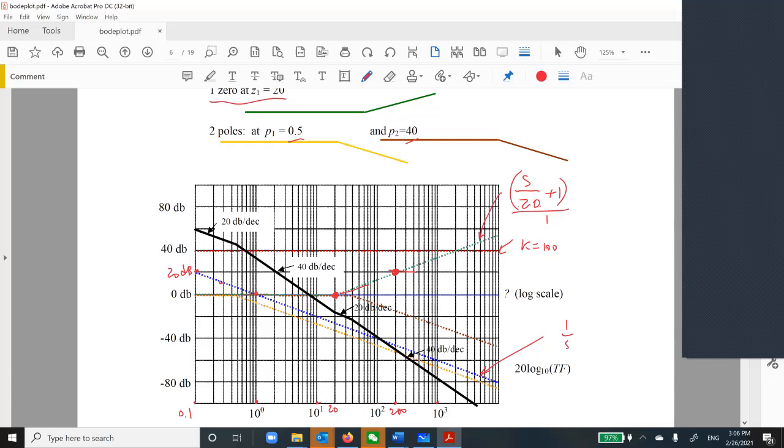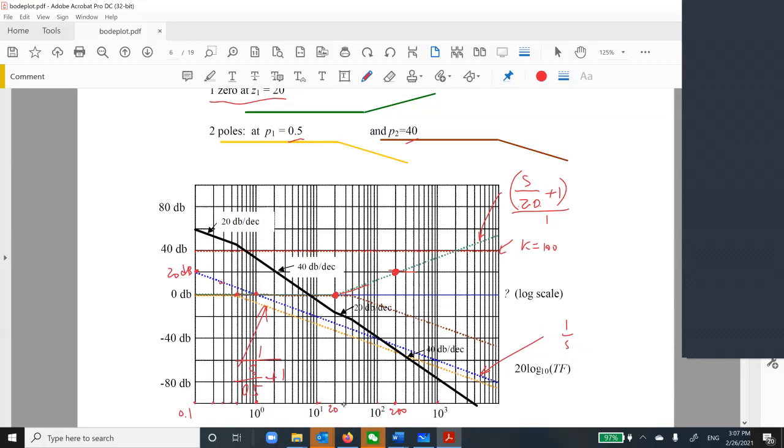And then we have 2 poles. One is at 0.5. So 0.2, 0.3, 0.4, 0.5. So this yellow one is my 1 over S divided by 0.5 plus 1. Okay. All right. And then what's left is another pole at 40.